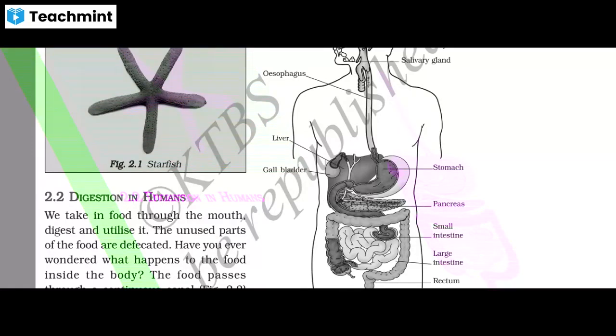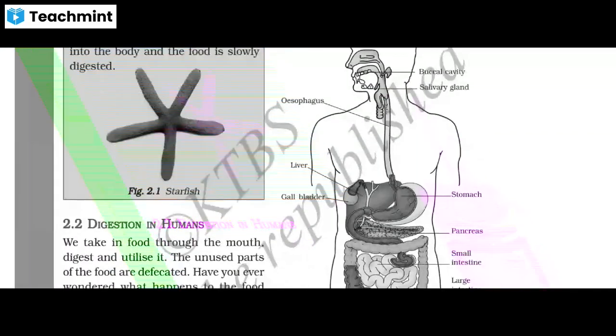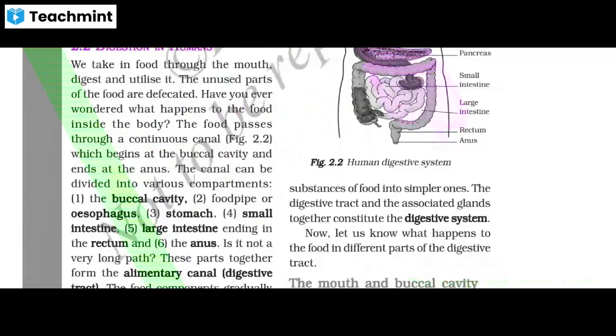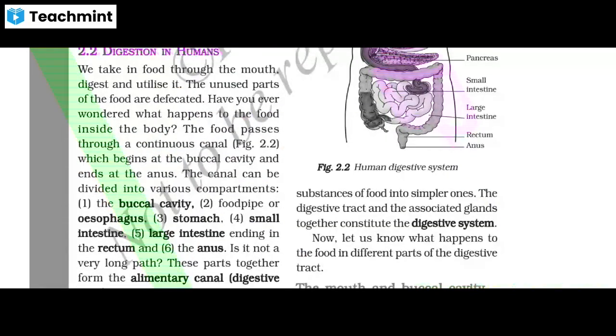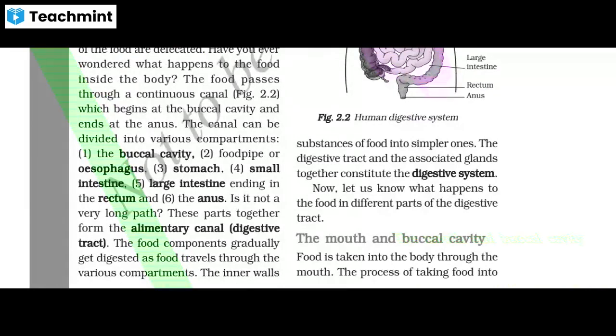So children, now we are going to discuss how food is digested in the human body. First, the food passes through the buccal cavity, then the food pipe or esophagus, then the stomach and small intestine, then the large intestine. Later the undigested food passes to the rectum and gets out.